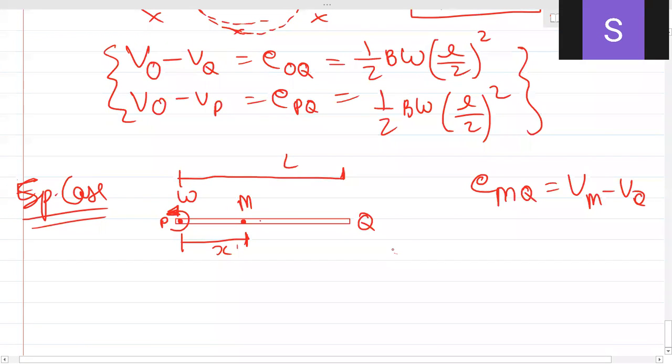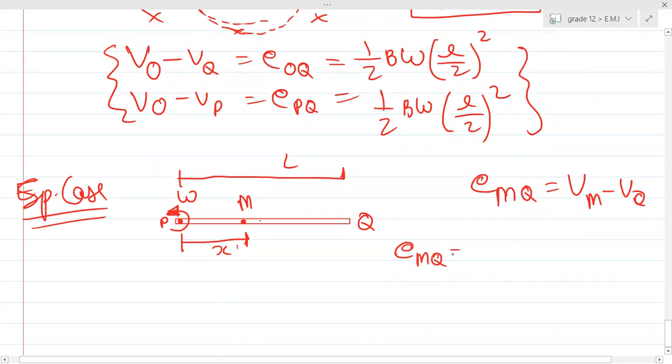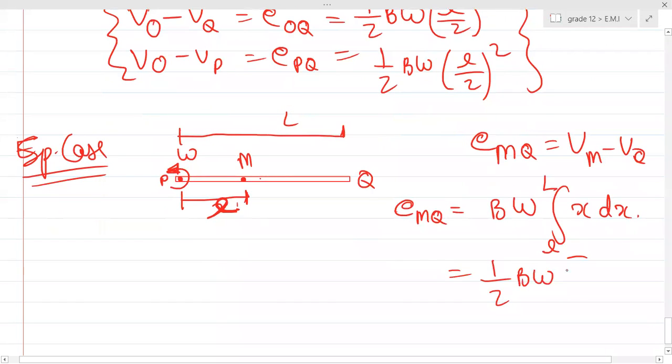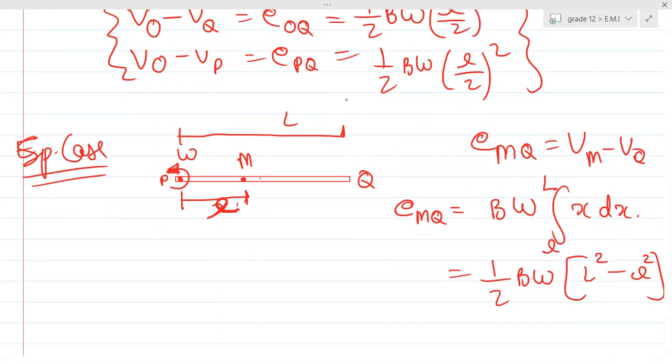The EMF across MQ will be B omega x dx, and let's take it small n, so small n to capital. Clear?